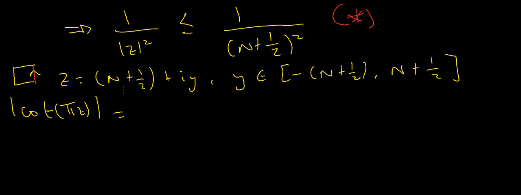So what happens when I plug z equals n into cotangent pi z, and I missed out the pi because it's not really relevant to this calculation?